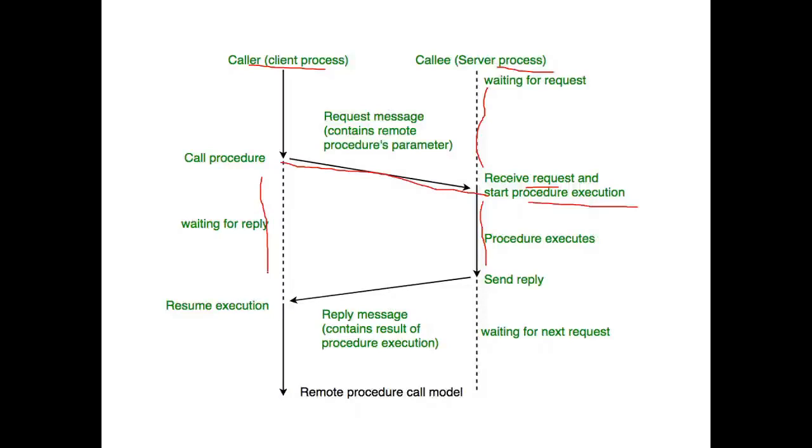It is waiting for a reply from the server and then the reply will be sent from server to client, it resumes execution, and then after the reply message it can start the communication. It can send the messages, what request it can send and all. So this is how the communication between two processes, client and server, happens with the function call or subroutine call, and we call it remote procedure call.